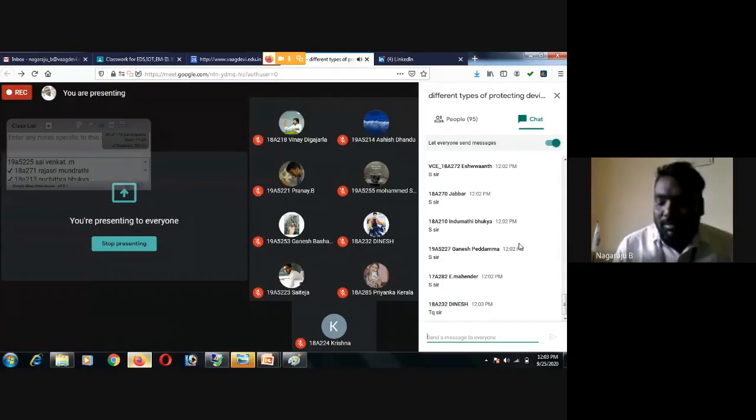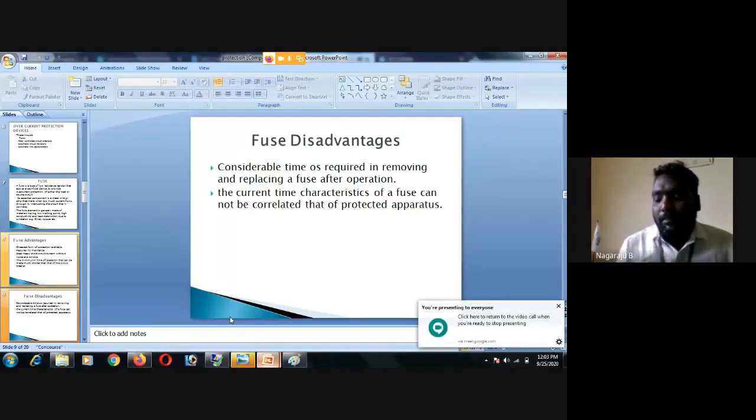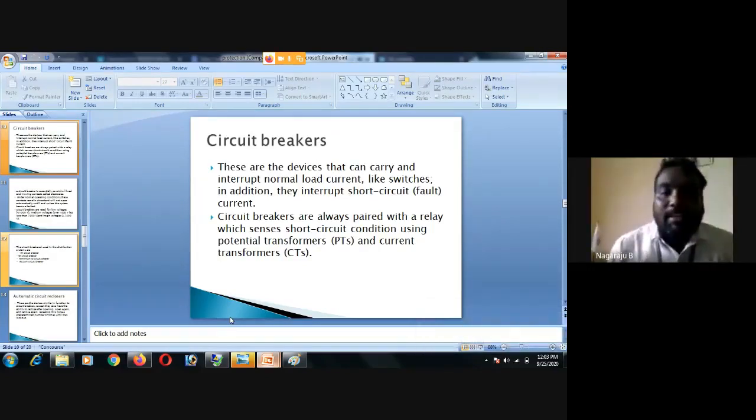The primary task of a circuit breaker is to extinguish the arc that develops due to separation of its contacts in an arc extinguishing medium. By the help of the relays, PTs and CTs, it will detect and open, and break the system, and reclosing is done by the system.